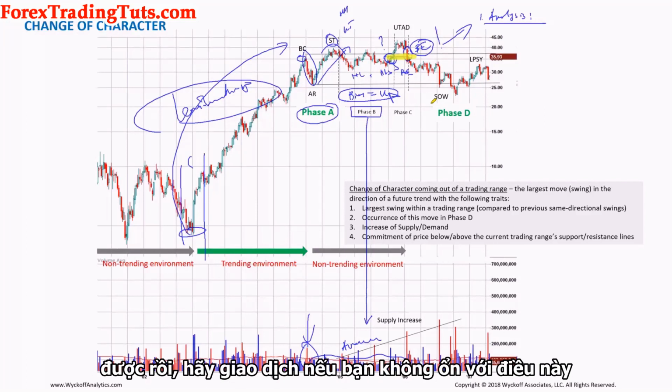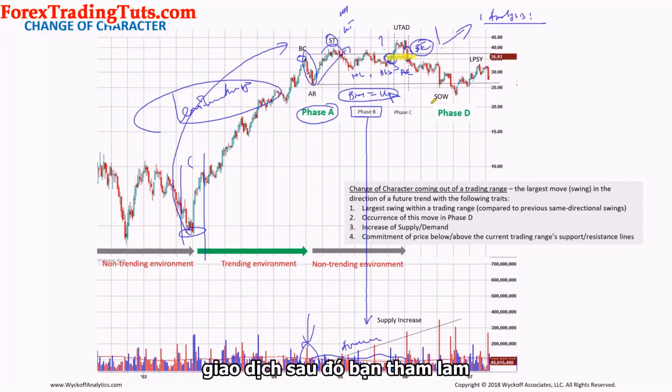If you're not okay with this trade, then you are greedy, and something you've got to check with your ego, because we're never 100% right in this craft. Trading is not about being right all the time. Trading is about making money.